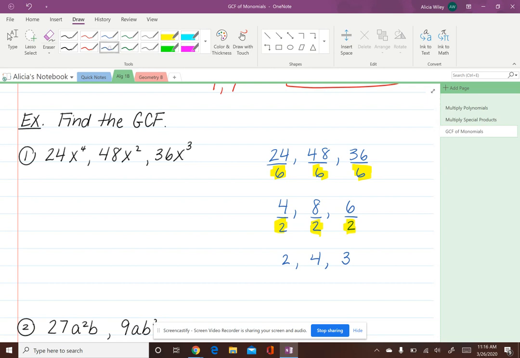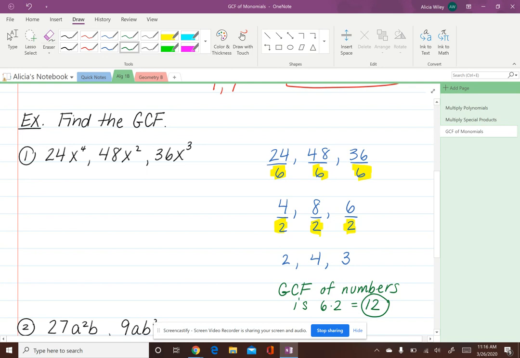So I divided by 6 in the first one, and then I divided by 2 in the other one. So the GCF of the numbers only is 6 times 2, which equals 12, right? So that's my GCF, but that's the GCF of just my numbers. So I know now that my GCF is going to be a 12 for my numbers.